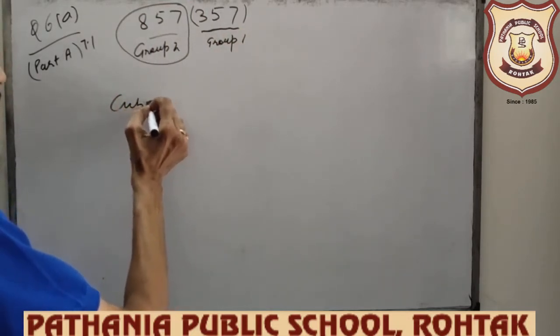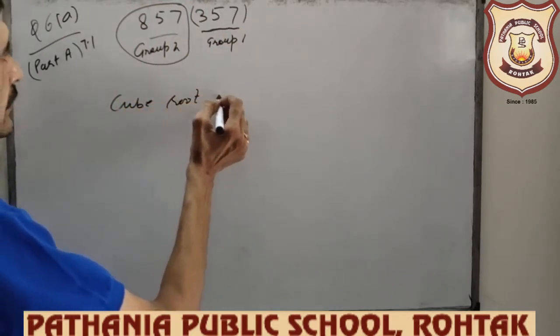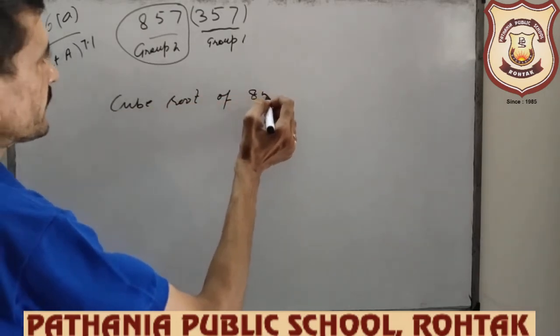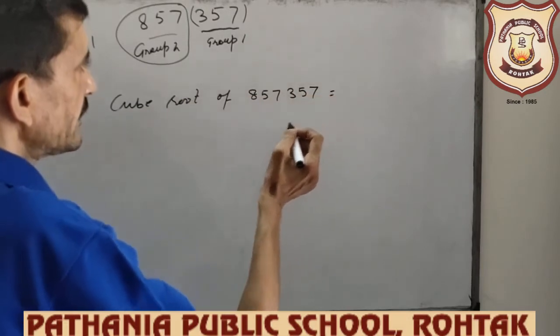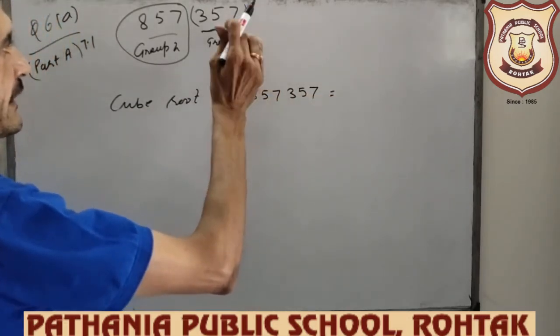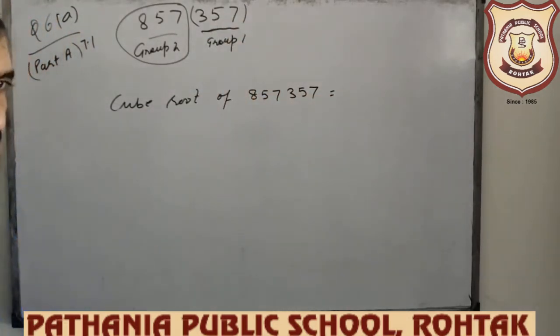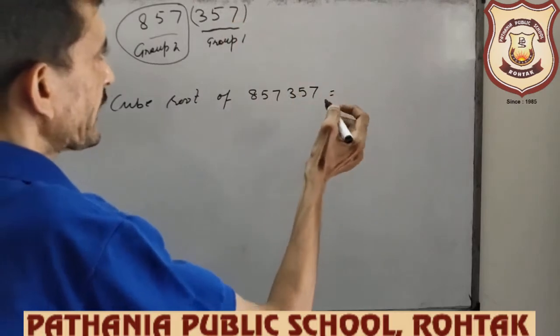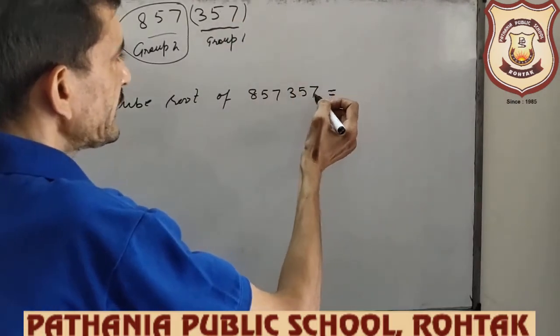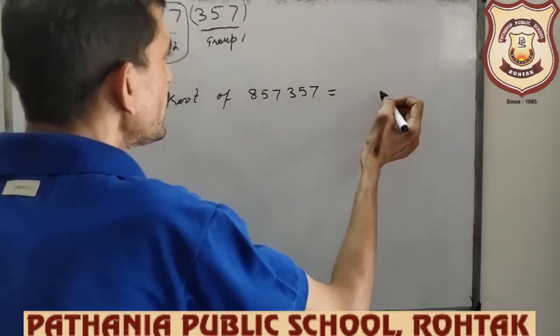Cube root of this is what? Look, in group 1 what is the unit digit? 7. I told you earlier the estimation method. Check the unit digit of the first group, 7. So what is the unit digit of its cube root?